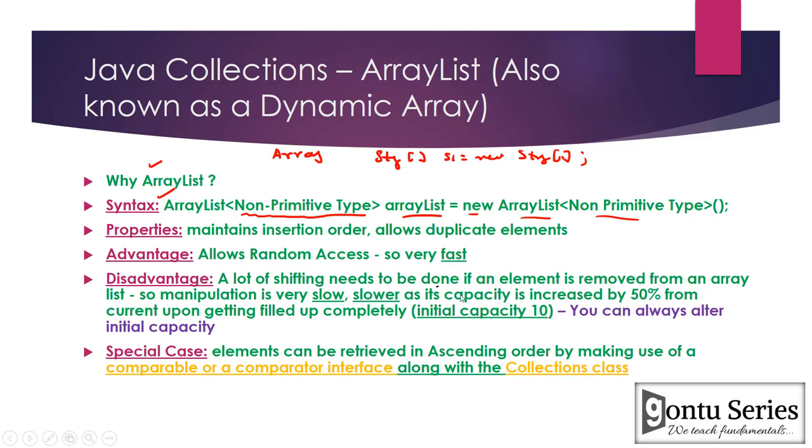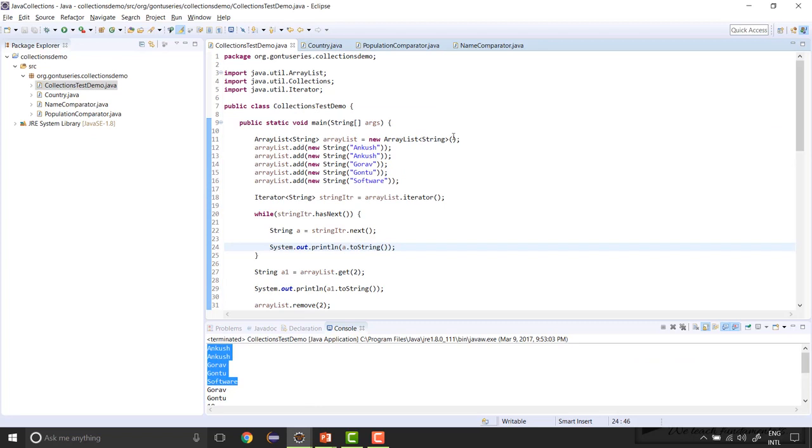But you can always alter this initial capacity. If you do not specify an initial capacity, it chooses 10. But what if you want to specify the initial capacity? Anyways, it's going to grow dynamically at runtime as you add elements to it.